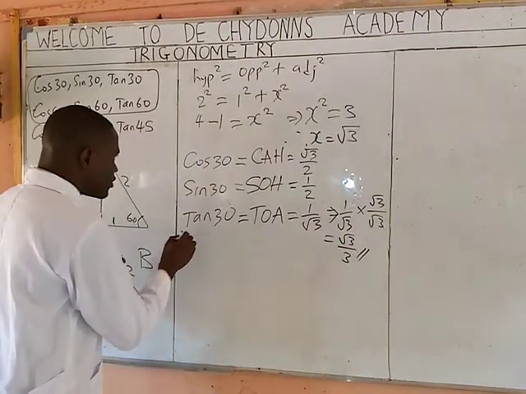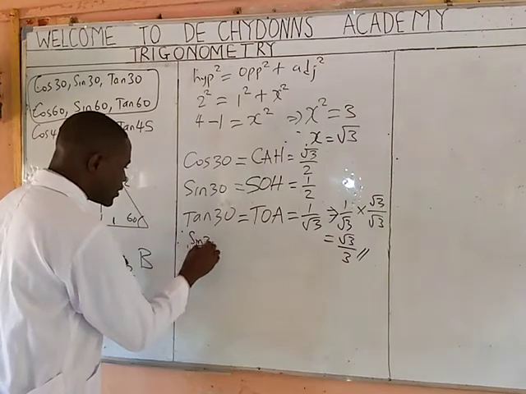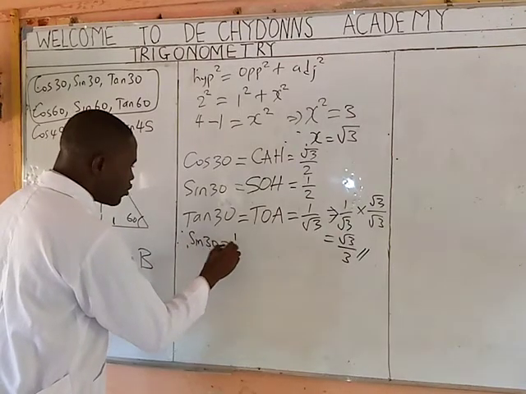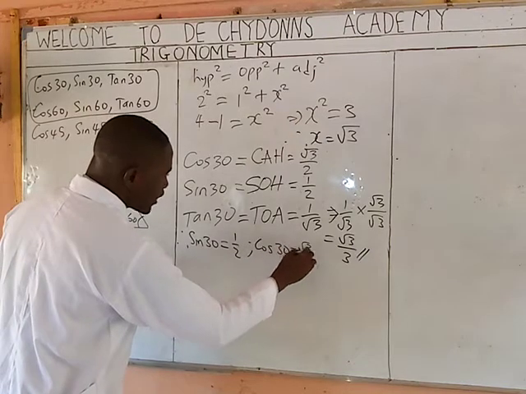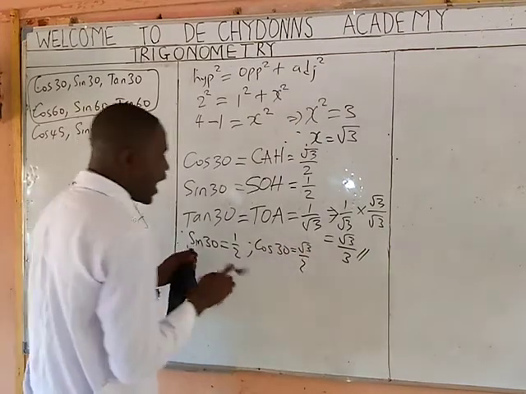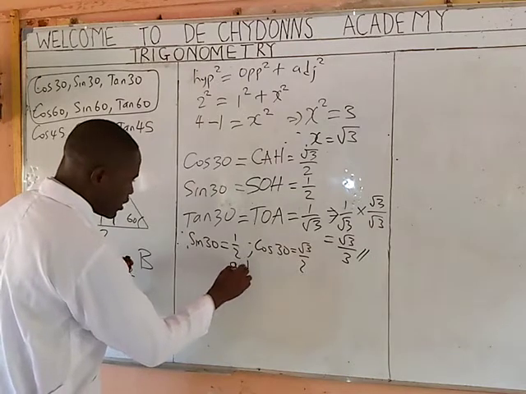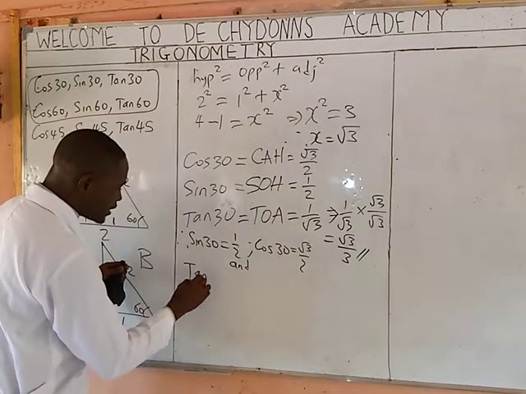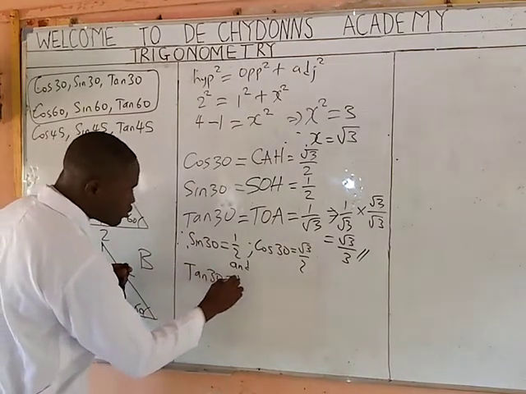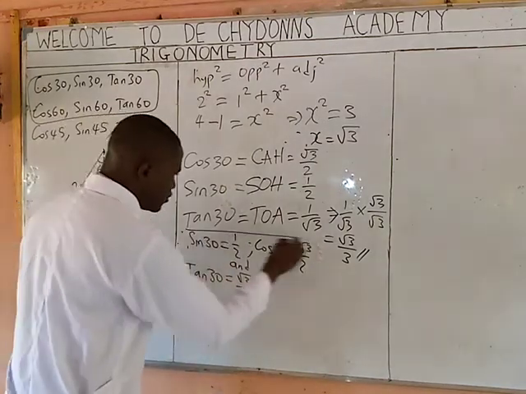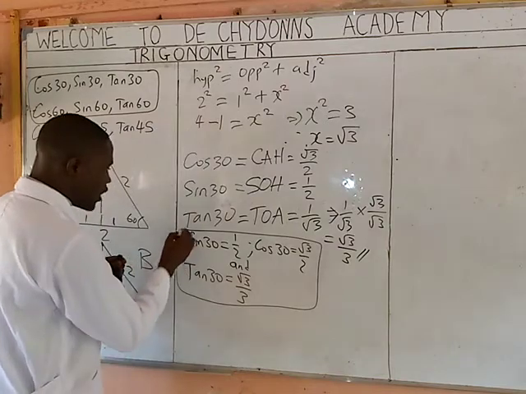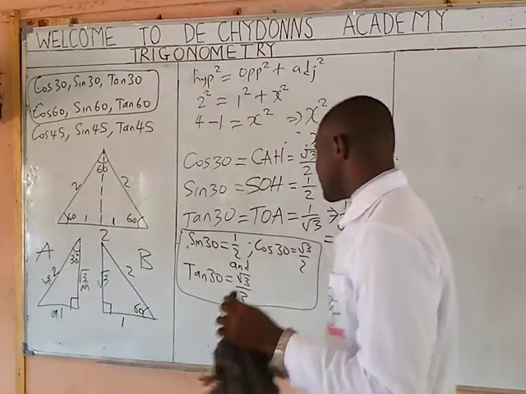So therefore, sin 30 equals 1 over 2, cos 30 equals root 3 over 2, and tan 30 equals root 3 over 3. Note this. We got them from the equilateral triangle.